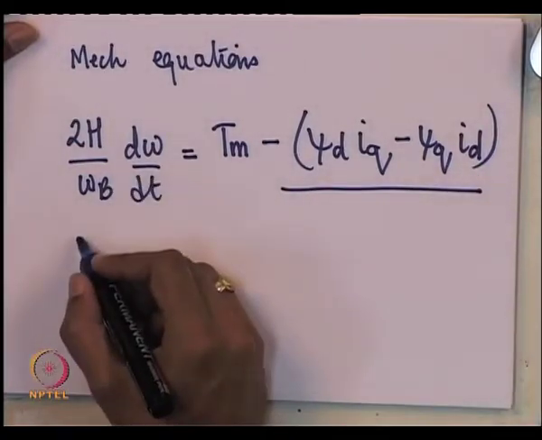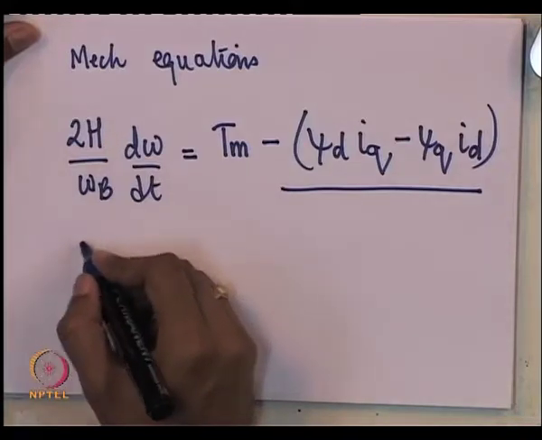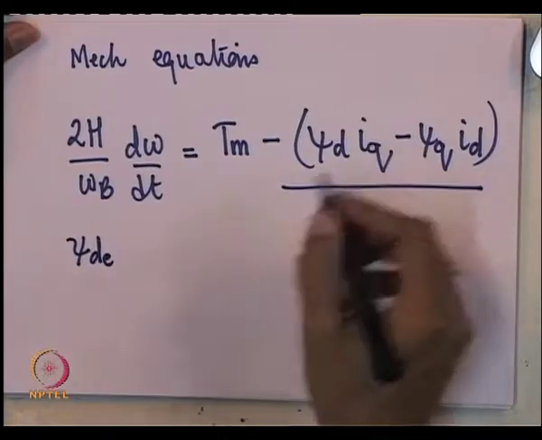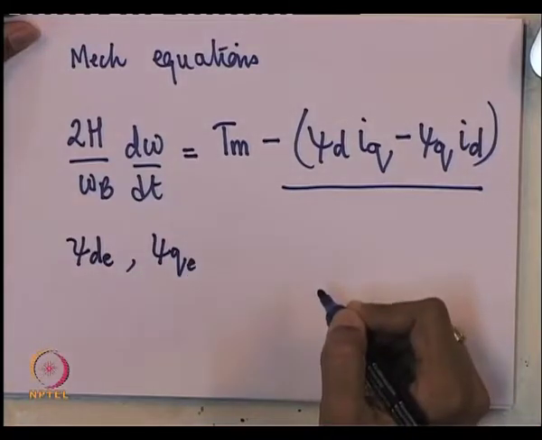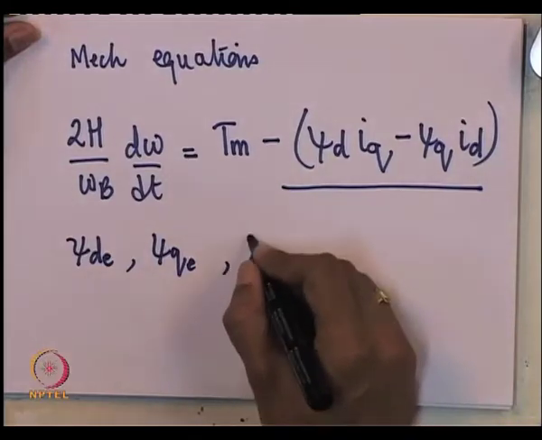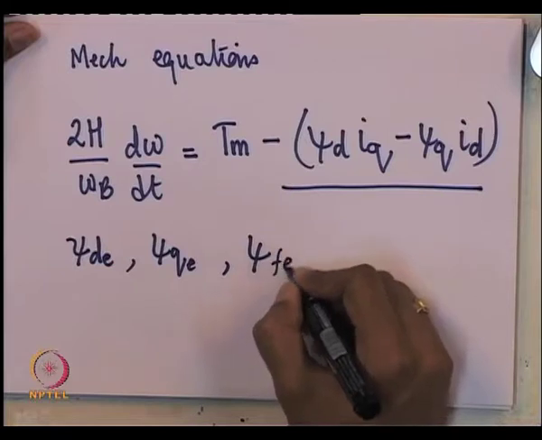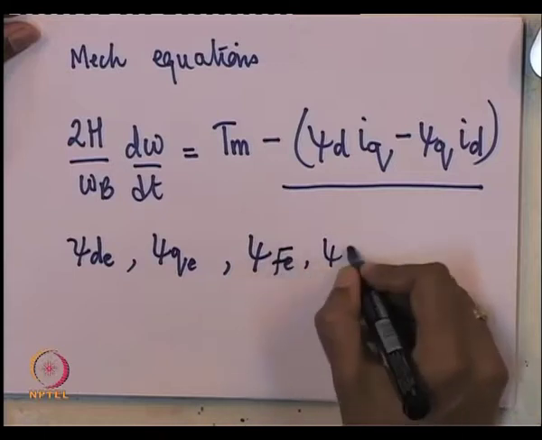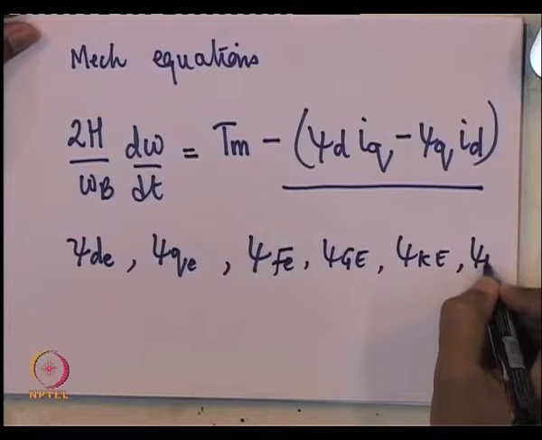Now, if we are operating at a certain equilibrium point and the equilibrium value of psi d is psi d e, similarly, the equilibrium value of psi q is psi q e, and of course, I q and I d are dependent on the equilibrium values of psi f e in addition to these, psi g e, psi k e and psi h e.